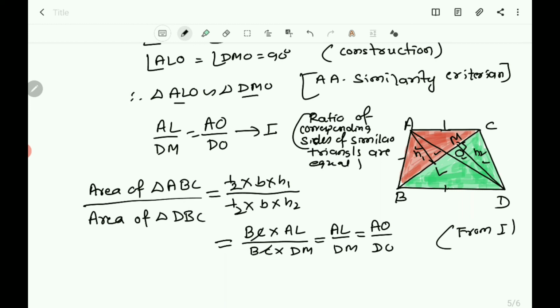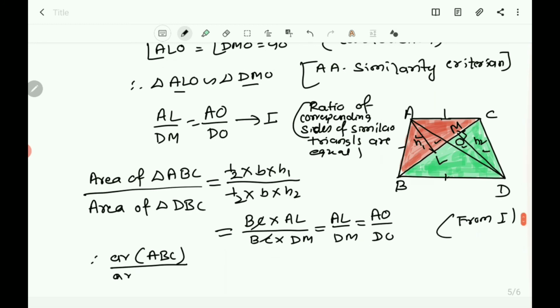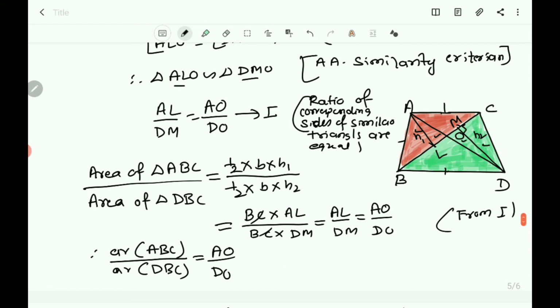Therefore you got that area of triangle ABC by area of triangle DBC is equal to AO by DO. That is what you have to prove here.